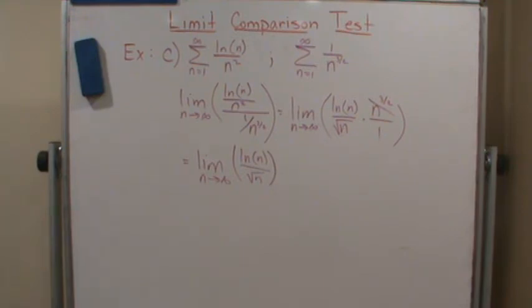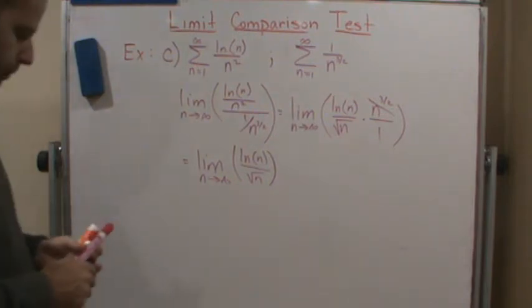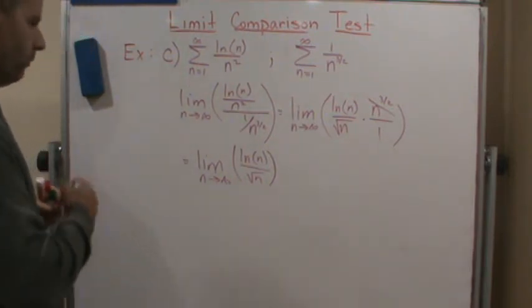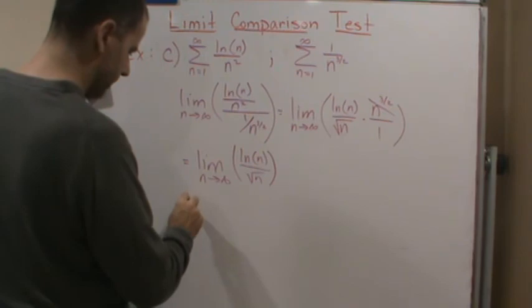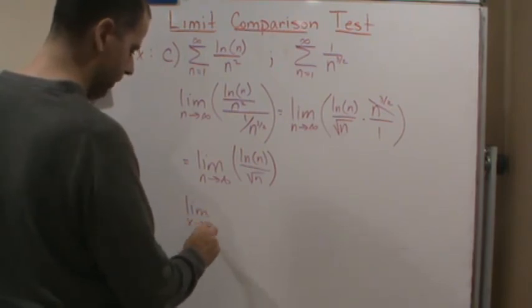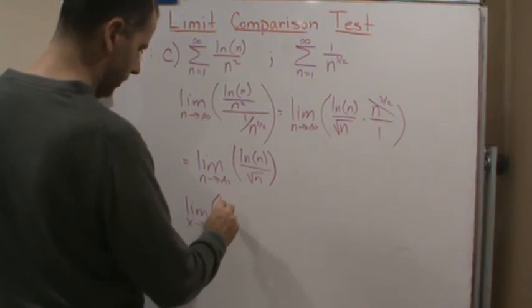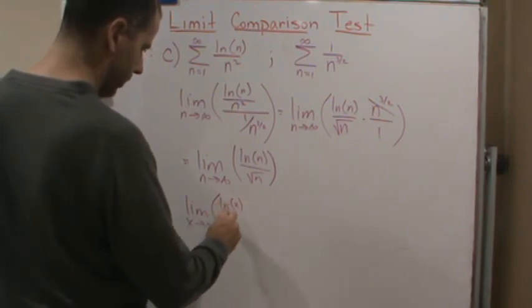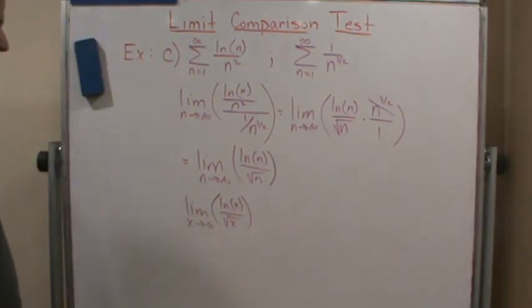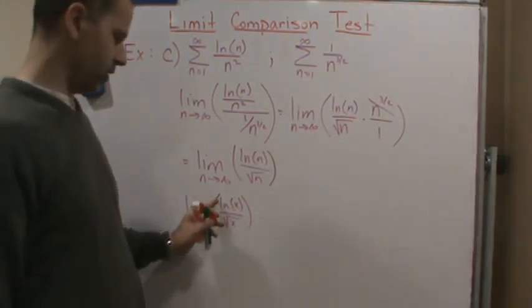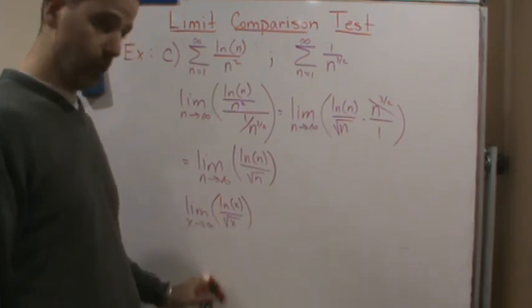So let's use a real valued function again. Let's take the limit as x approaches infinity of the natural log of x over the square root of x. Now here, again, this is going to give us an indeterminate form, infinity over infinity.